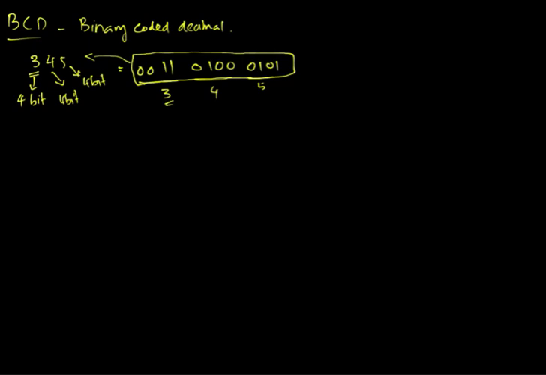But you know that 3, when converted into binary, requires only 2 bits, while in binary coded decimal it requires 4 bits. For 4 also, binary requires only 3 bits, but in BCD it requires 4. So a BCD representation requires too much space.